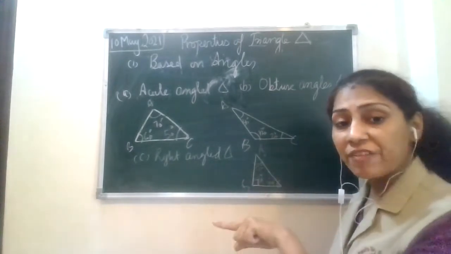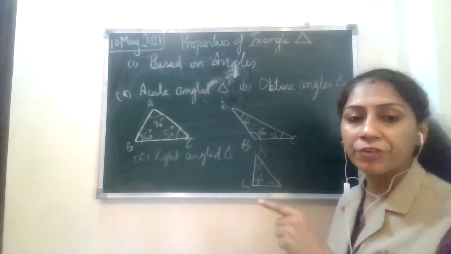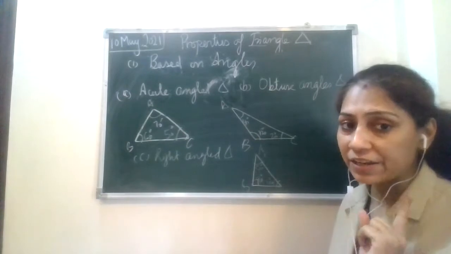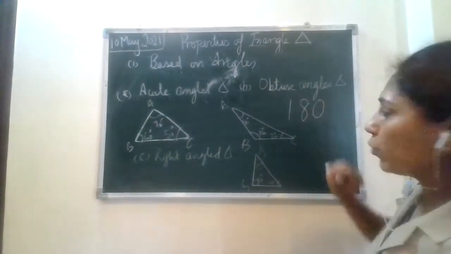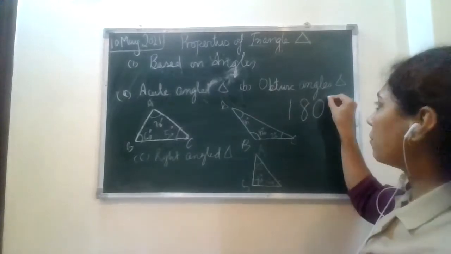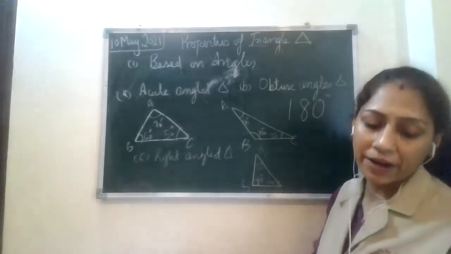And the property which I've added, the sum of all angles of a triangle is 180 degrees. I'm writing it in a highlighted way, 180 degrees sum hota hai, sum of all angles of a triangle.